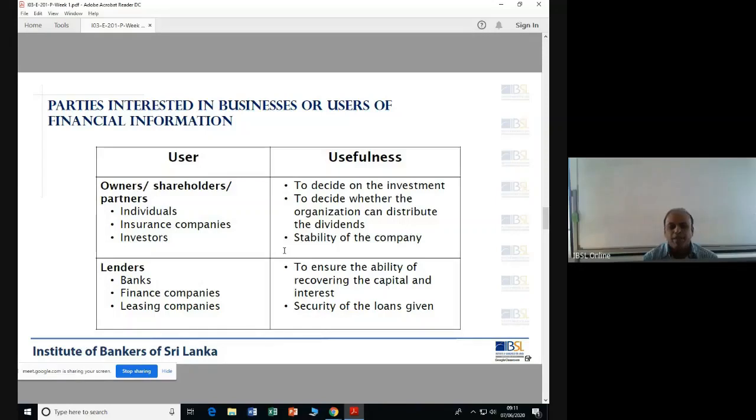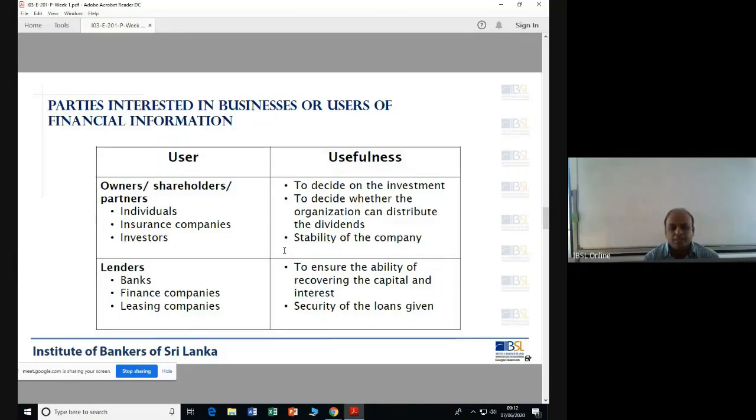So before giving the loan, I need to know whether this customer or the business is capable of repaying me the capital as well as the interest that I'm going to charge in the future. That is number one. Then we also talk about something called security.